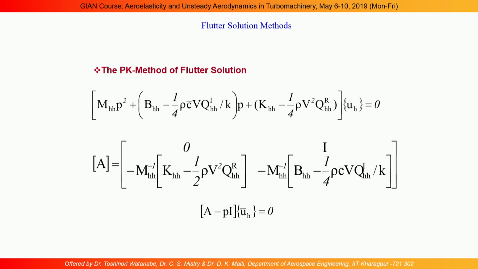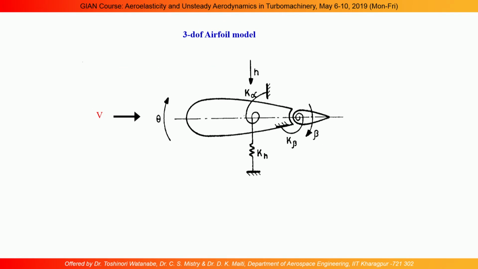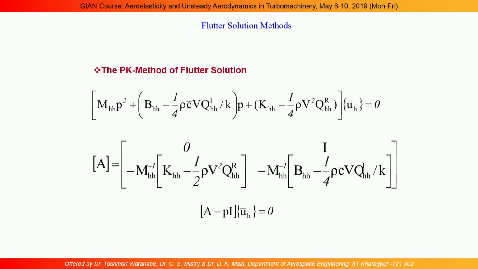Once I solve these equations, I will get the complex roots. The real part will dictate how much damping is available in a particular mode, and the imaginary part will say what the frequency is. Here the solution is done by mode tracking. You start the iteration at, let us say, 50 meters per second as the velocity.